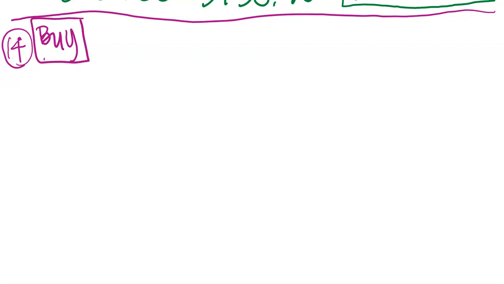So 2,000 shares times $36.50 a share. $73,000. It'd be nice to write out a check for buying stocks for that, right?